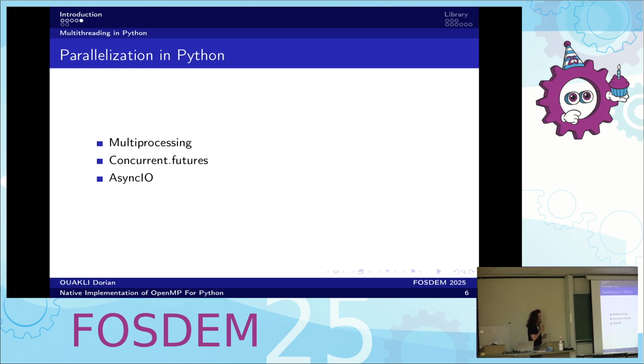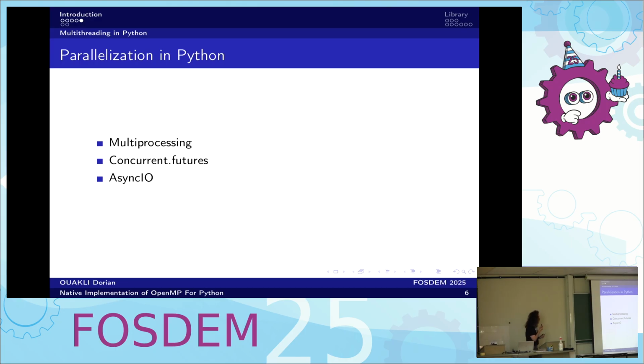We have other ways of parallelizing code in Python, for instance multiprocessing, running different processes, different instances of the Python interpreter, and transferring data using inter-process communication. There is the library concurrent.futures, which wraps threading and multiprocessing as independent implementations of the same concept.